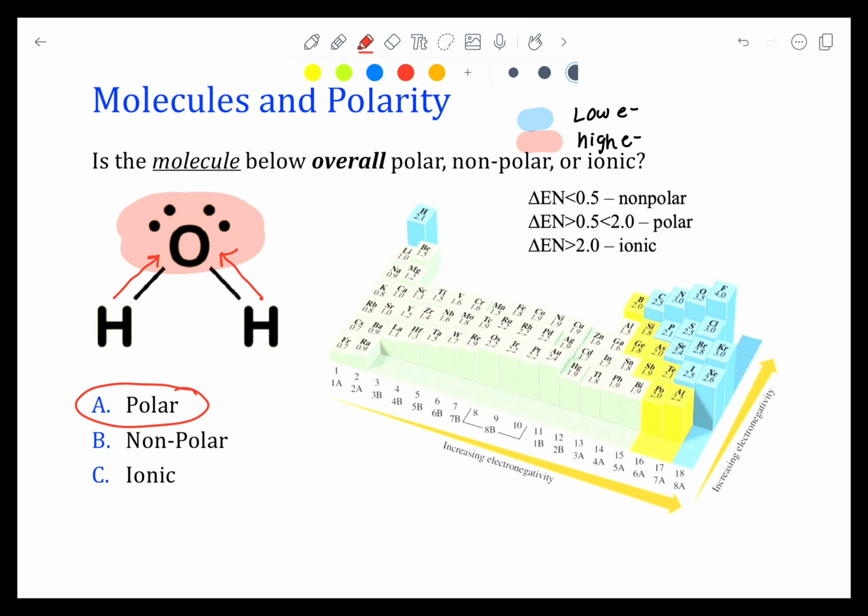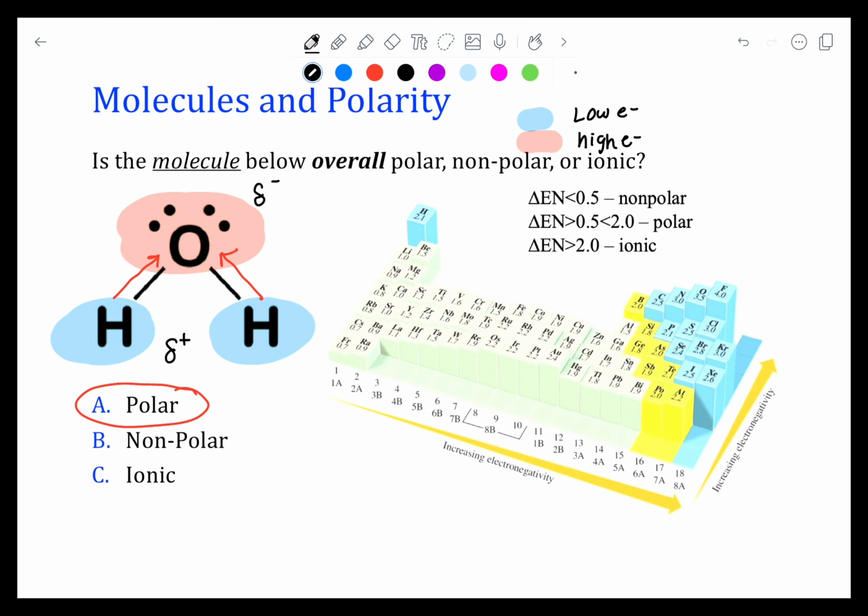Okay? The hydrogen only has one electron to give away, so if the electrons through that bond are being pulled towards the oxygen, that creates an area down here by the hydrogens where I have essentially no electrons. So this gives me an area of partial positive, right?